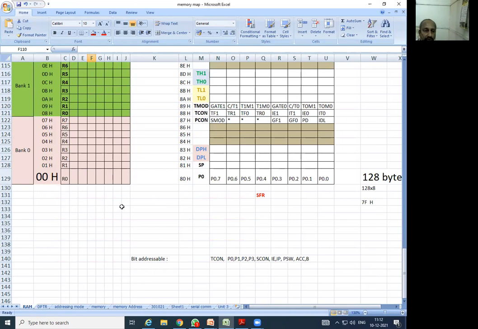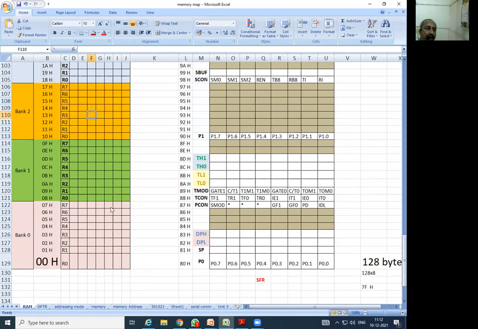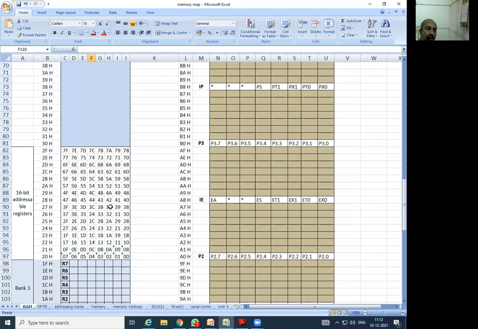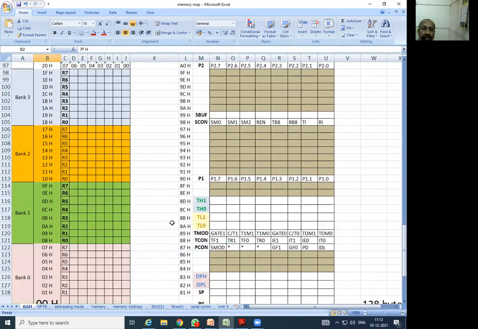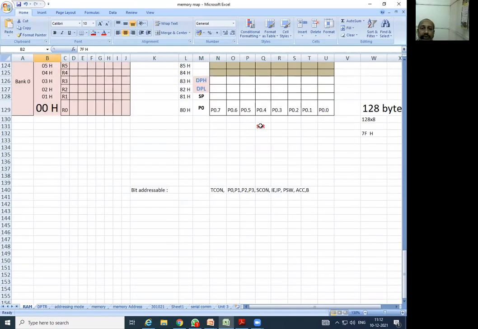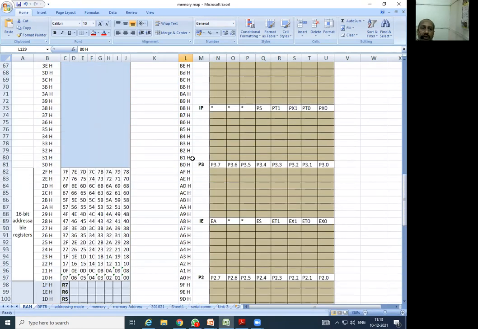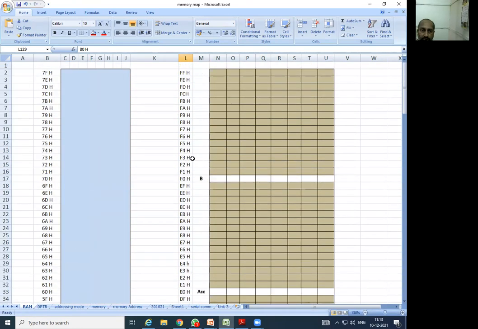On the left-hand side we have bank 0, bank 1, bank 2 and so on, up to 128 bytes. The next 128 bytes are given to the SFRs, starting from 80H to FFH. FFH is nothing but 255.